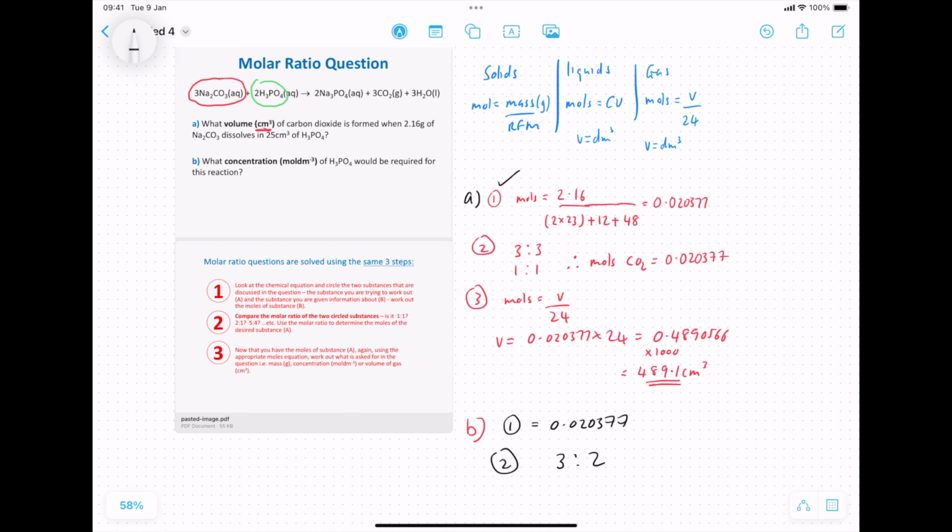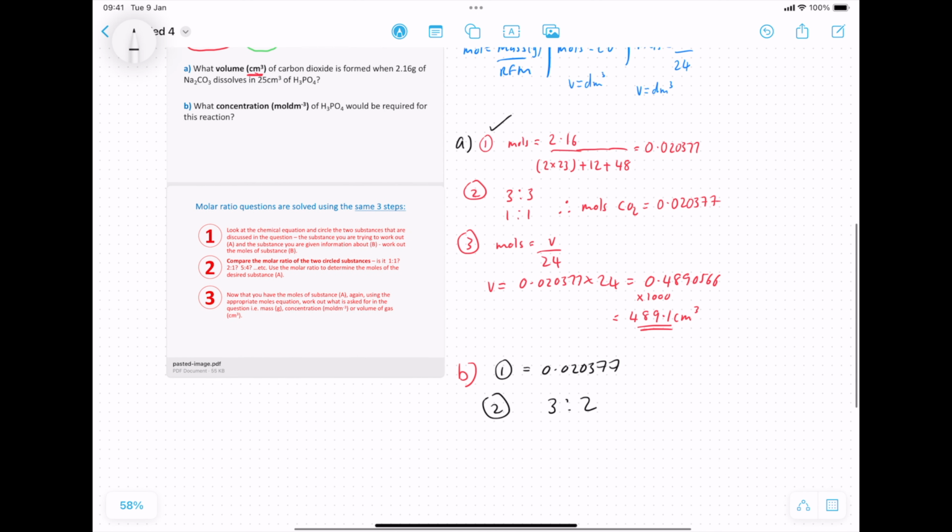So it'll be 0.020377 divided by 3 and times it by 2 gives me 0.01358 moles of H3PO4.